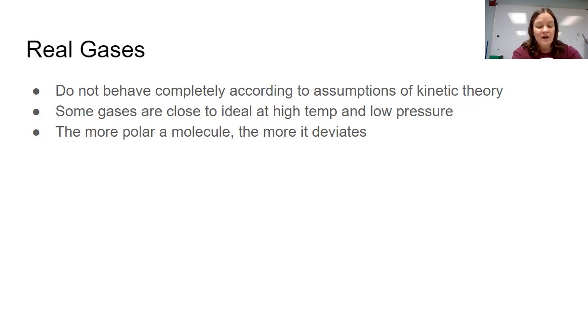Okay. So if you're confused about polar molecules, I would go back to about chapter 7, or it might even be a little further back than that, maybe chapter 5, where we talked about nonpolar and polar molecules.